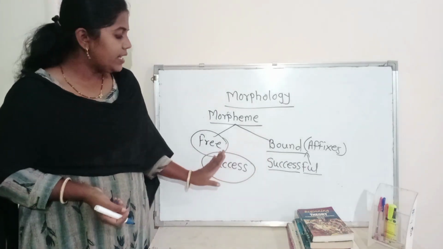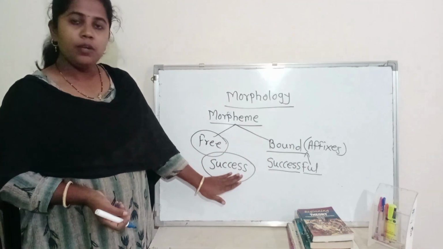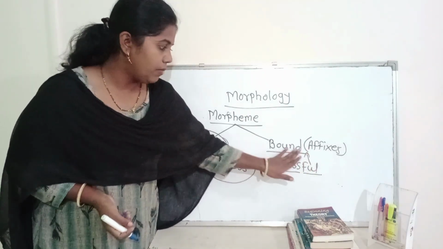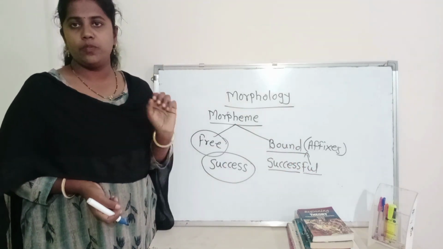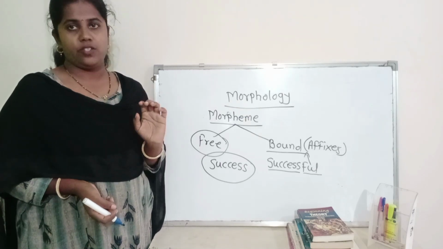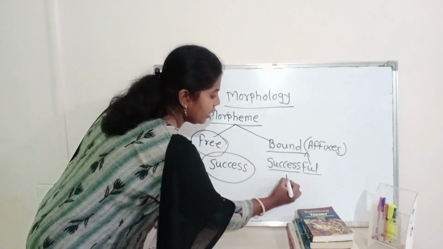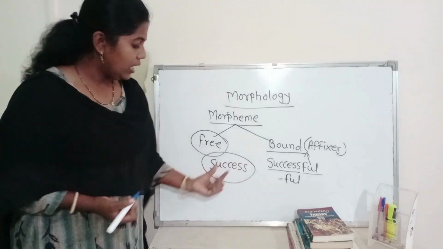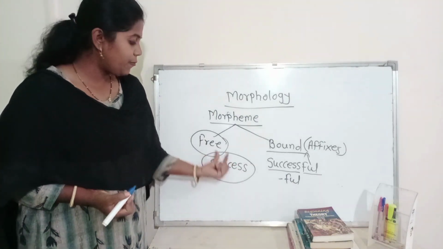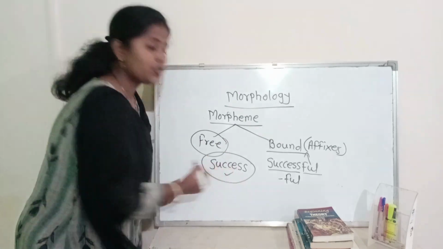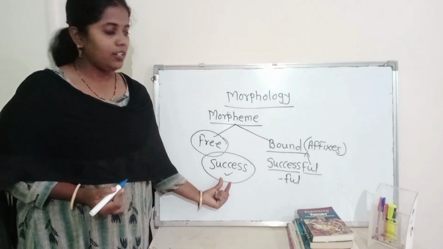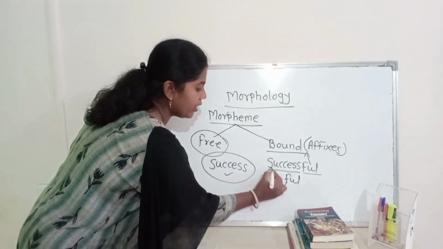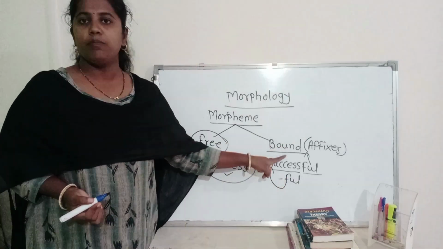Then how is it different from free morpheme? Because this ful, this bound morpheme, has no meaning of its own, has no existence of its own. It cannot occur as it is, that ful. It has no meaning. But if we consider success, this is a free morpheme and it has its own meaning. It's independent. But ful is not independent. It has to depend on this root word. And that's why that is a bound morpheme.